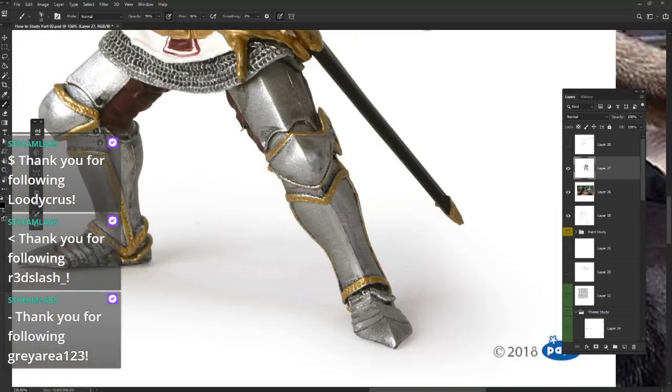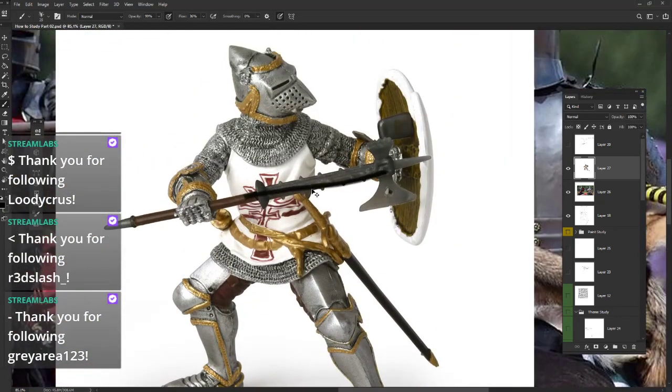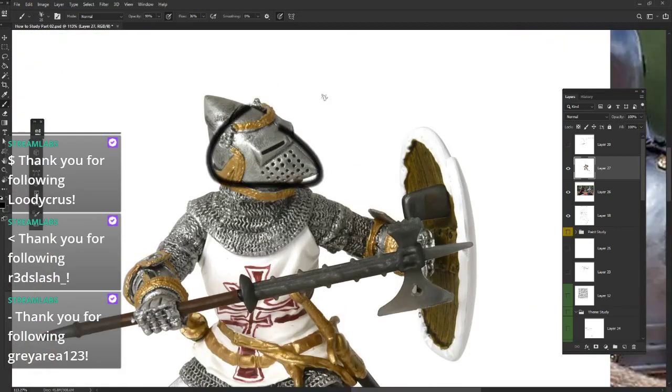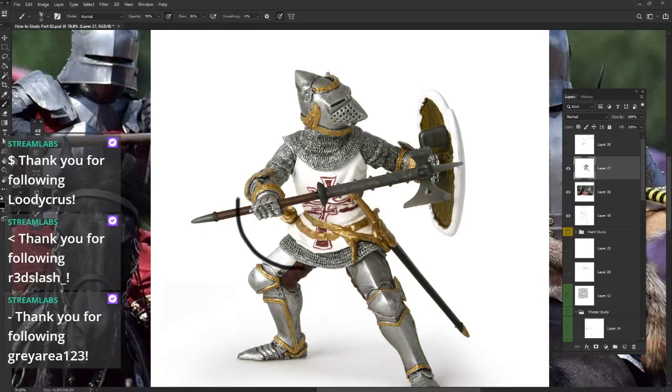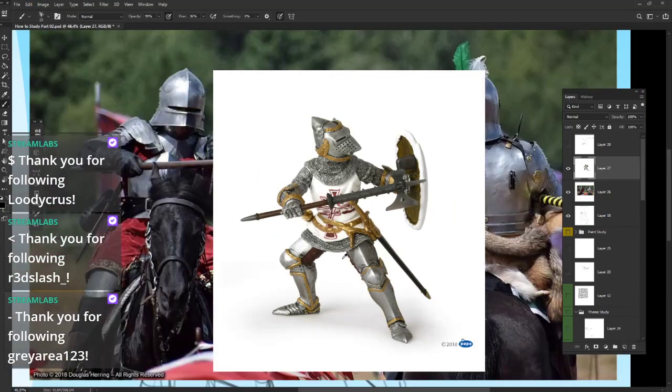All the rust, the light, even this mace, hammer, warhammer type of thing, the helm. So huge resolution has a huge impact for good reference.